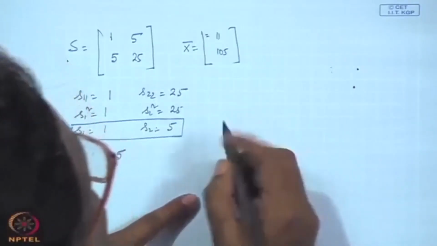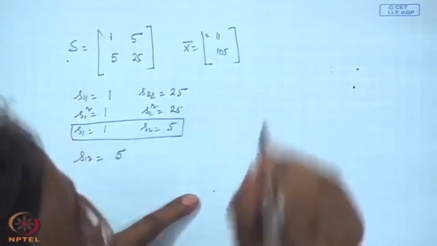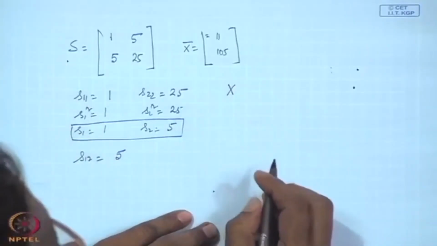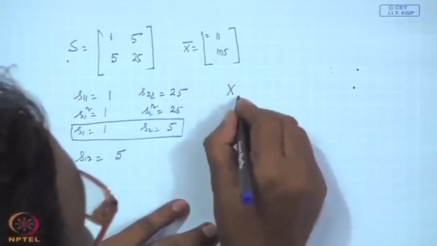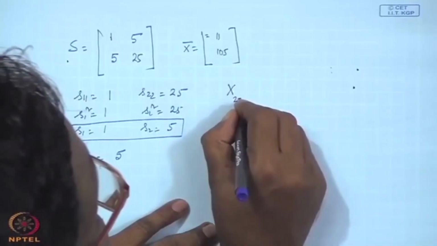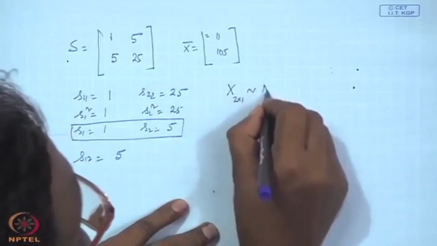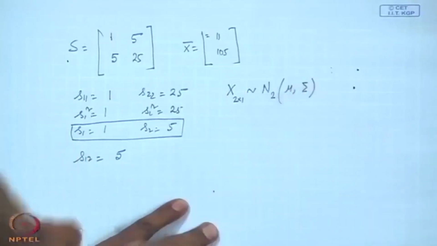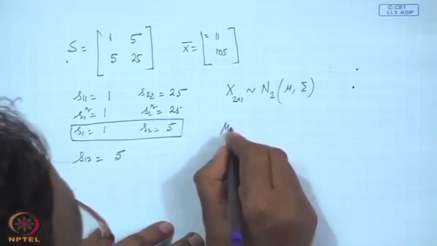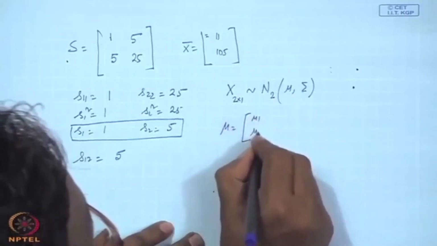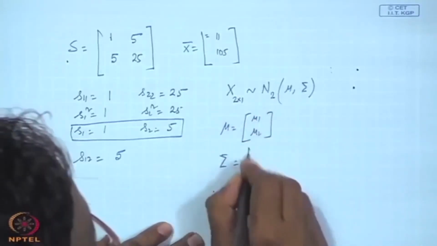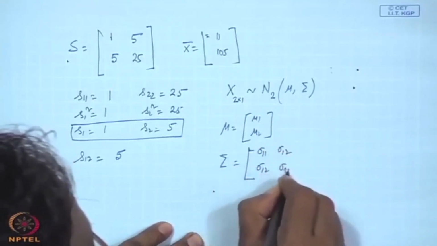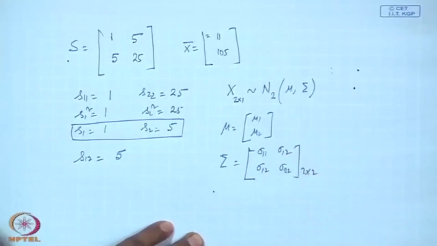Okay. So, if I say that my population is a multivariate normal population, that is 2 cross 1, this is the variable. So it is basically N2(mu, sigma), where mu is mu1 and mu2 and sigma will be 2 cross 2: sigma11, sigma12, sigma12, sigma22.